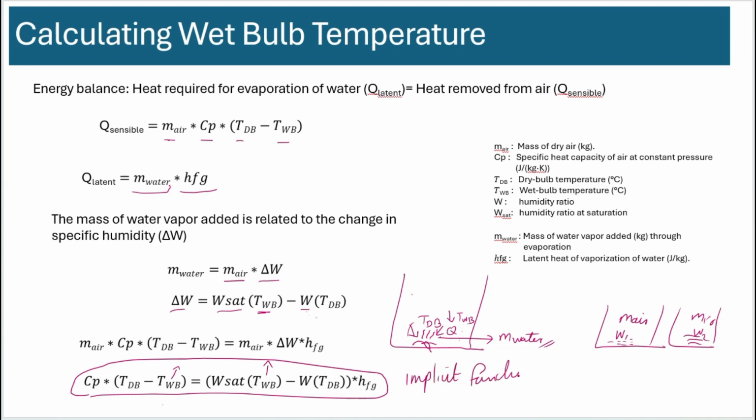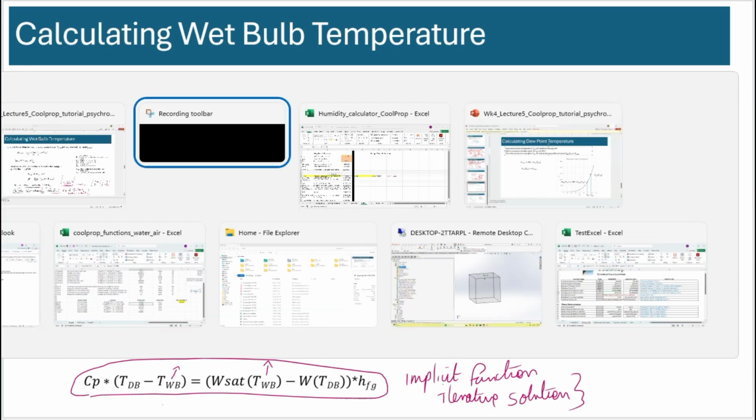So it's not easy to estimate wet bulb temperature by just doing a basic calculation. So you'll have to do some kind of iterative solution, or a solver-based solution in Excel, because it's an implicit function. Okay. All right. So let's go back and look at the Excel file.